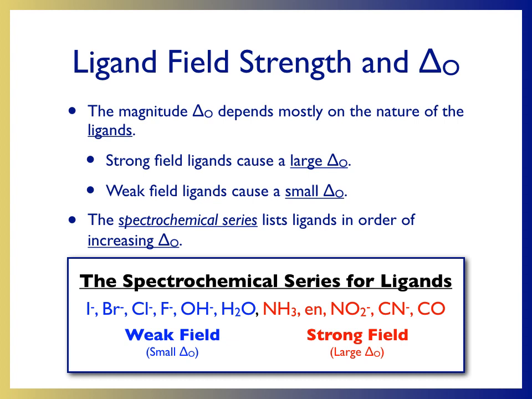This is important when studying carbon monoxide poisoning. Since carbon monoxide is a stronger field ligand, it binds to the iron in the hemoglobin in your bloodstream much more strongly than oxygen does, which means that when exposed to carbon monoxide, your blood is more likely to latch on to CO, which causes the poisoning.